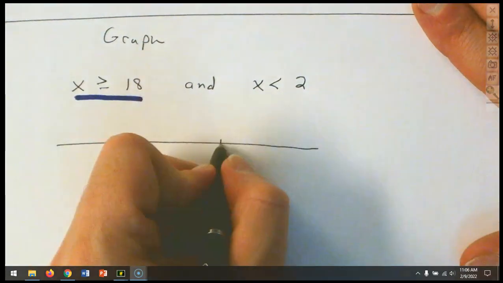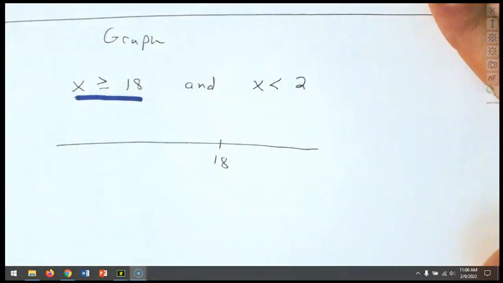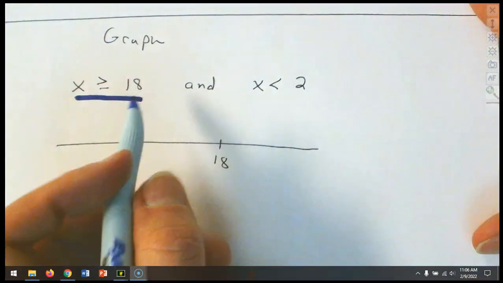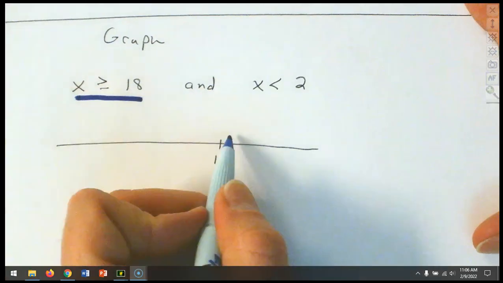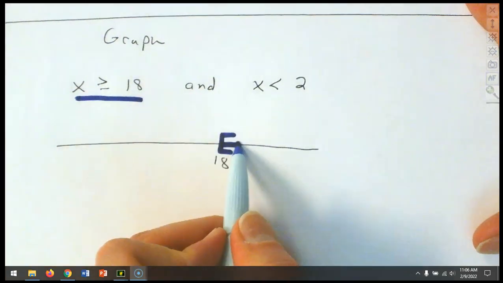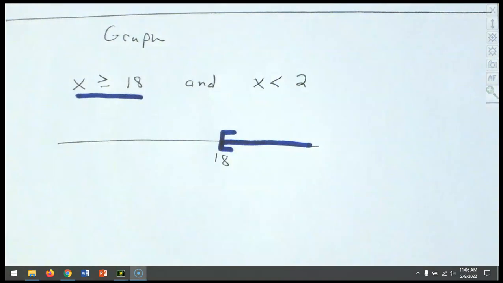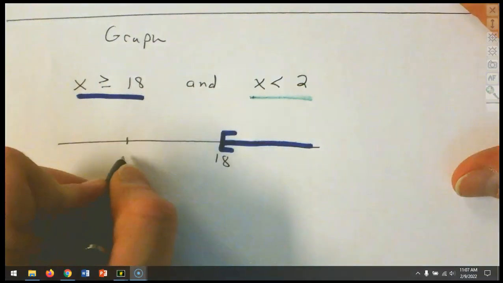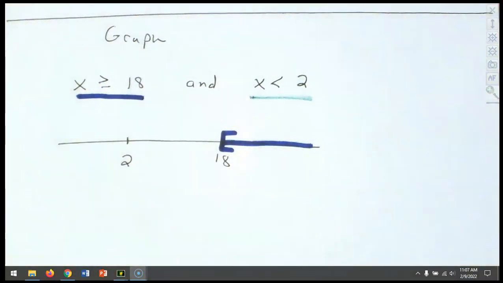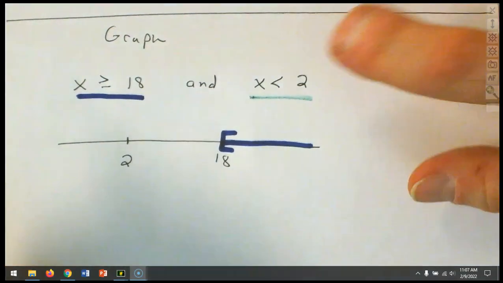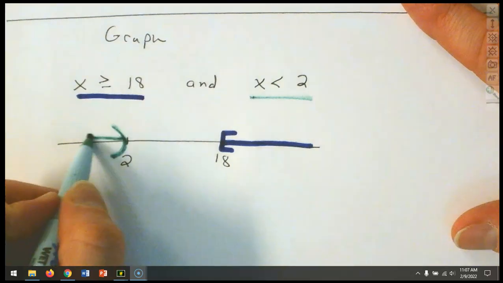We've got our 18, and it is greater than or equal to. It's pointing out to the right, so we use a square bracket, and we'll shade to the right. x is less than 2. Here's my 2. And this is less than. It's going out to the left, right? Points to the left, so we shade it to the left.